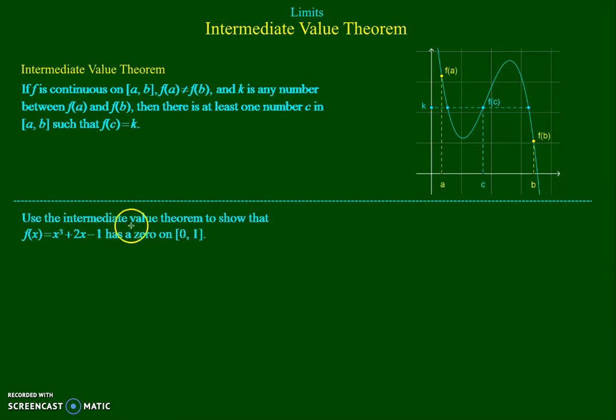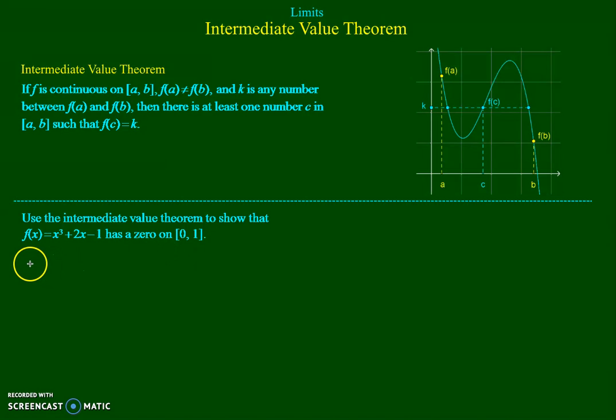Now we want to use the intermediate value theorem to show that this polynomial has a 0 on [0, 1]. Now the first thing we need to do is determine if the intermediate value theorem applies. Well, the first idea is that the function has to be continuous on the closed interval. This is a polynomial, and all polynomials are continuous on their domain, so yes, this is continuous on that domain.